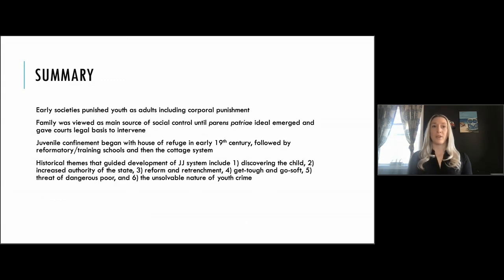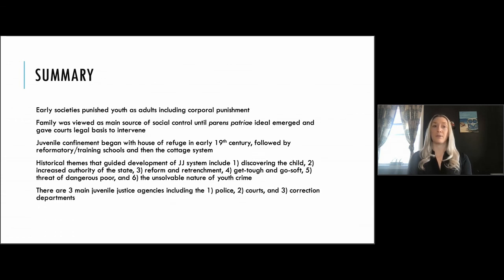The historical themes that guided the development of the juvenile justice system include discovering the child, increased authority of the state, reform and retrenchment, get tough to go soft, and threat of the dangerous poor, as well as the unsolvable nature of youth crime.